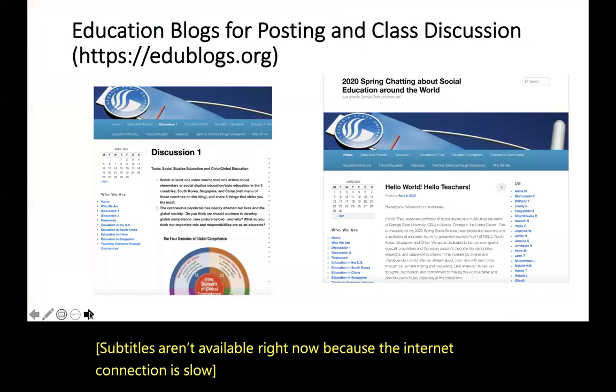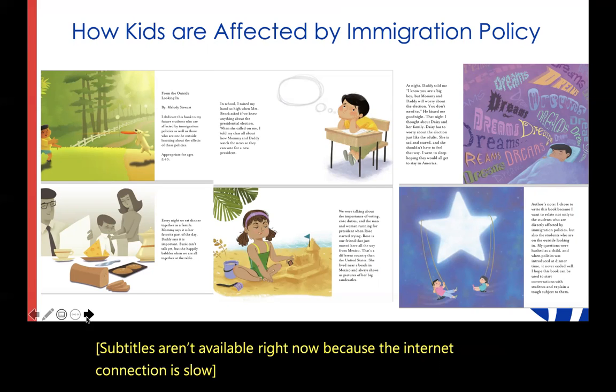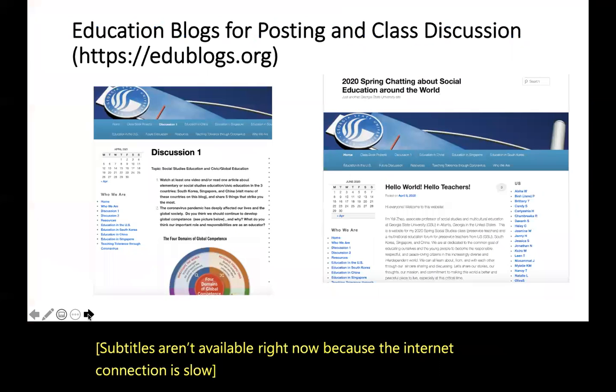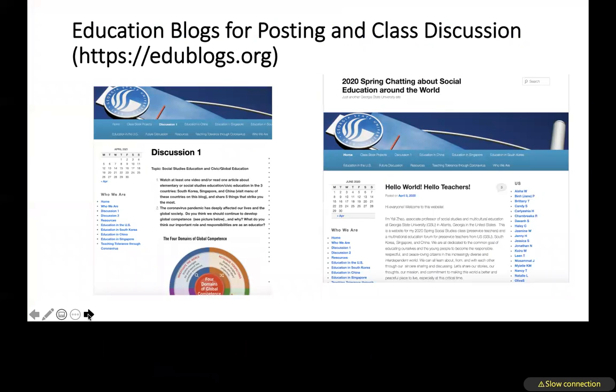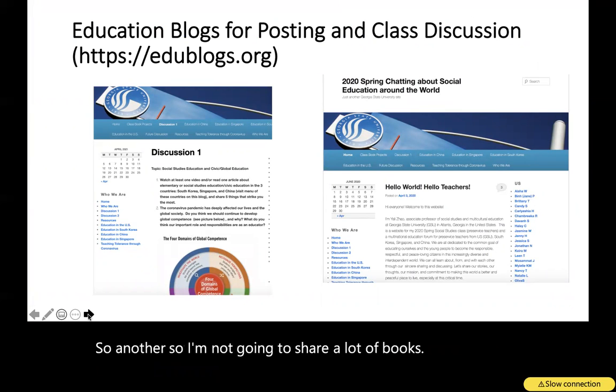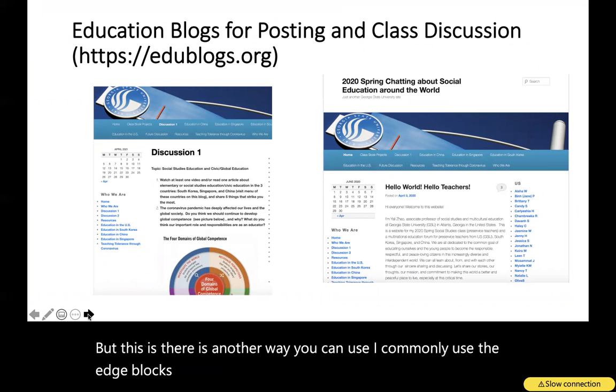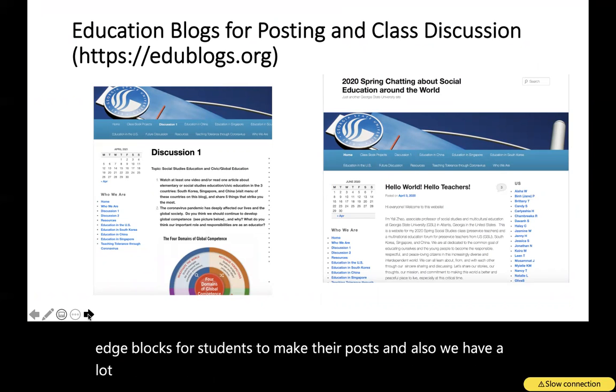So I'm not going to share a lot of books, but there is another way you can use. I commonly use EduBlocks for students to make their posts, and we also have a lot of fun class discussions about different topics. So here's also something you can do as well.